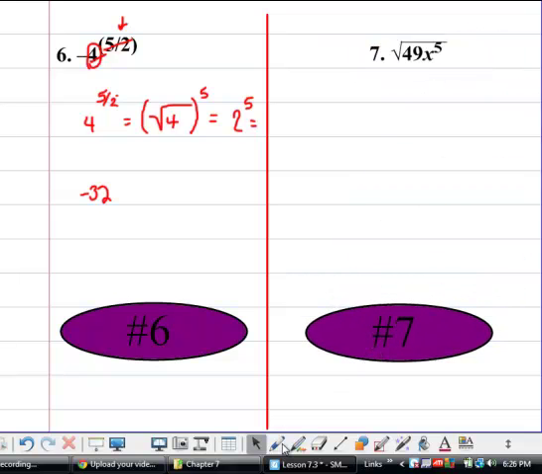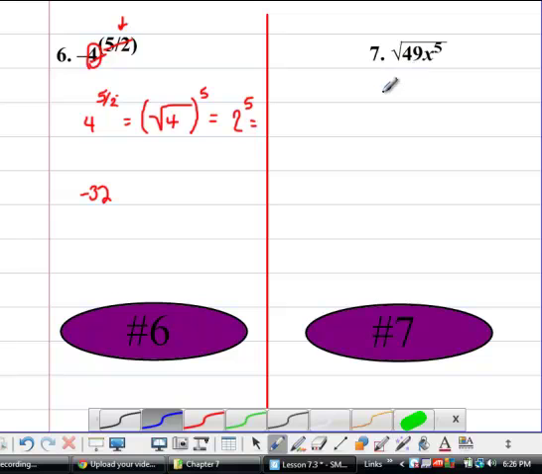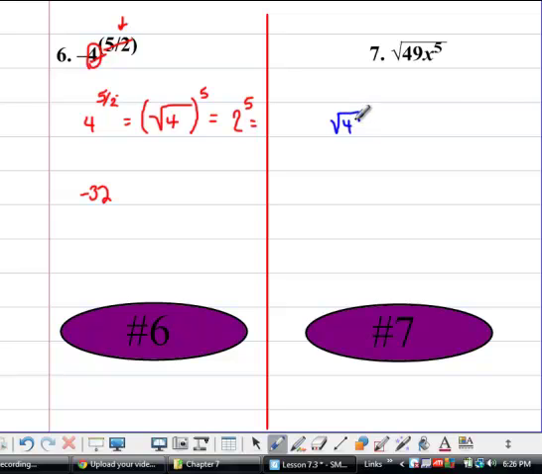Wow. It's the first one that's got a variable in it. That deserves a different color. So if I look at this, this is asking me to take the square root of 49 and the square root of x to the 5th. Well, the square root of 49 is 7. Oh, does this bring back painful memories from chapter 1?